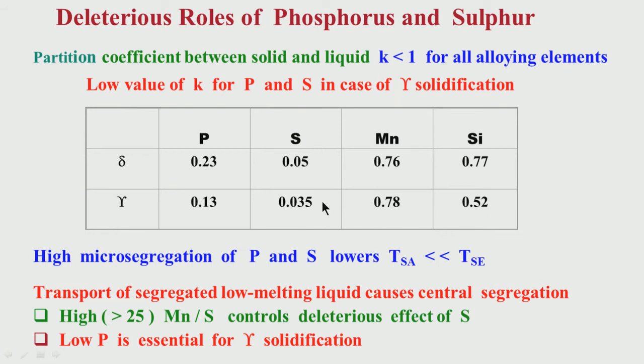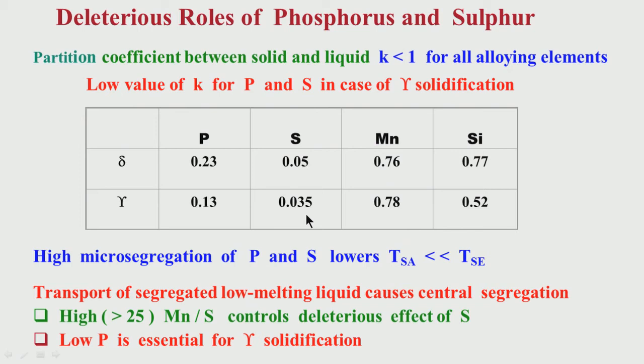So, look now at the values for phosphorus and sulfur. For delta, phosphorus is 0.23 and sulfur 0.05; for gamma solidification, the K value of phosphorus is very low, 0.13, and for sulfur it is still lower, 0.35.